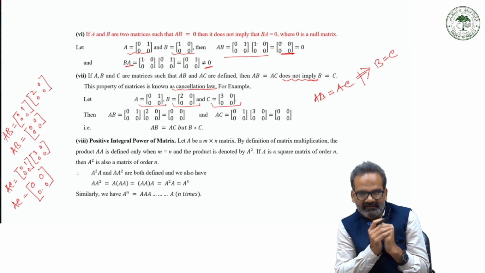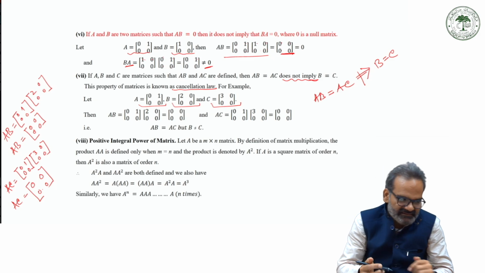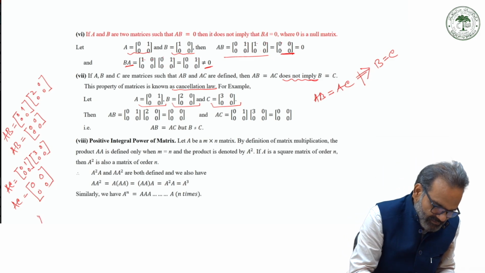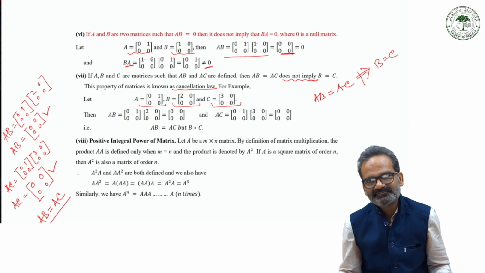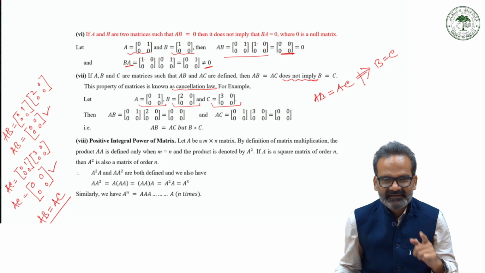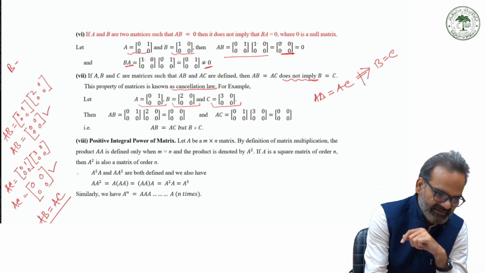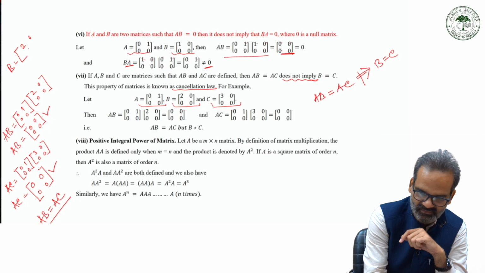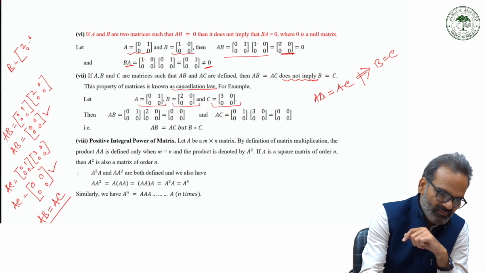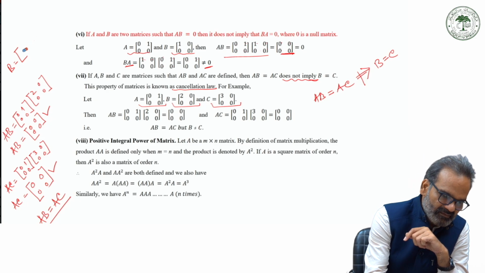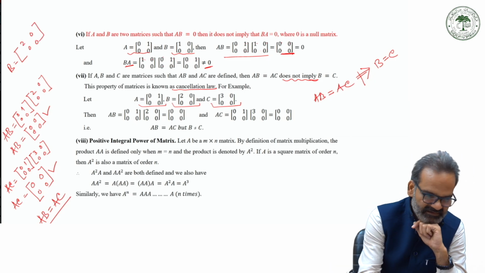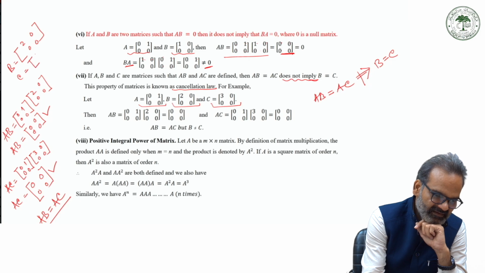So what we obtained here: AB is 0, AC is 0. So naturally we conclude that AB is equal to AC. Both are same. But look at B and C. B is the matrix 2, 0, 0, 0, and C is given as 3, 0, 0, 0.